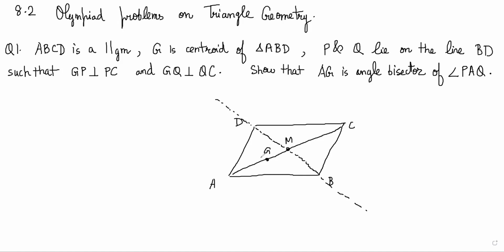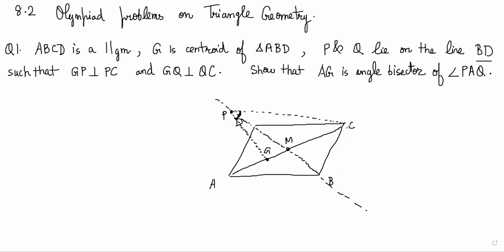P and Q lie on the line BD such that GP is perpendicular to PC. So let's say P is here. We know that GP is perpendicular to PC, so this angle is 90 degrees.